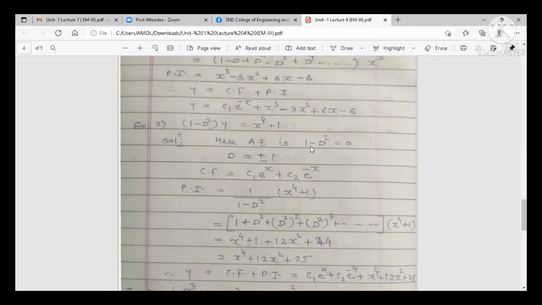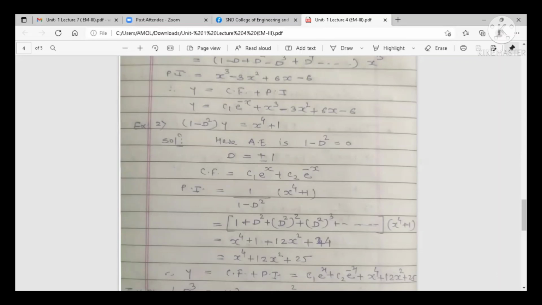So the factors for this quadratic equation are here. D is equal to plus 1, minus 1, because if we shift this minus D square to the other side, it will be plus. So D square is equal to 1 means D is plus minus 1. So the complementary function is c1 e raised to x plus c2 e raised to minus x, because these are two roots and they are both real and distinct.